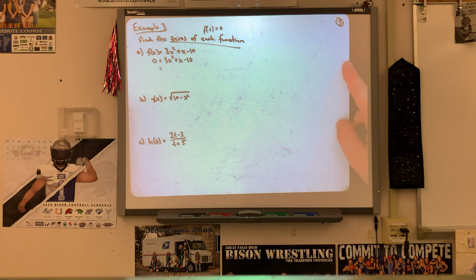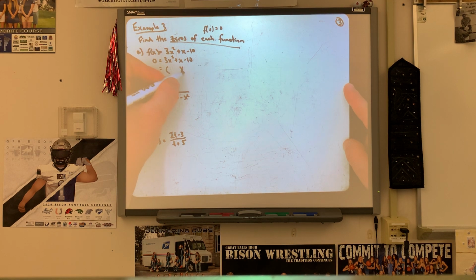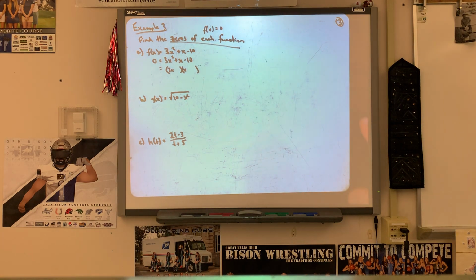This is an expression that has a prime leading coefficient of 3. So from your factoring practice in Algebra 1, hopefully you remember that then this is going to be a 3x and an x. And then we've got our factors of 10: 10 and 1, 5 and 2. We want the difference of them to be a positive 1.